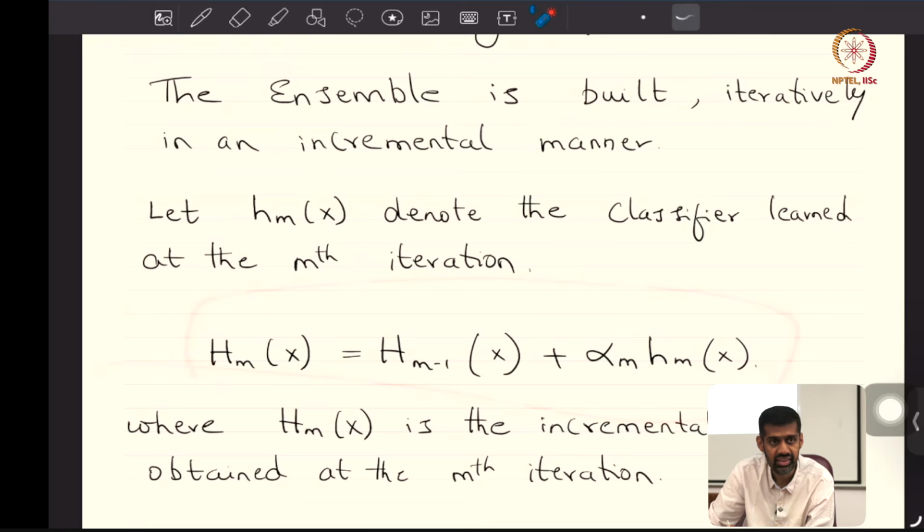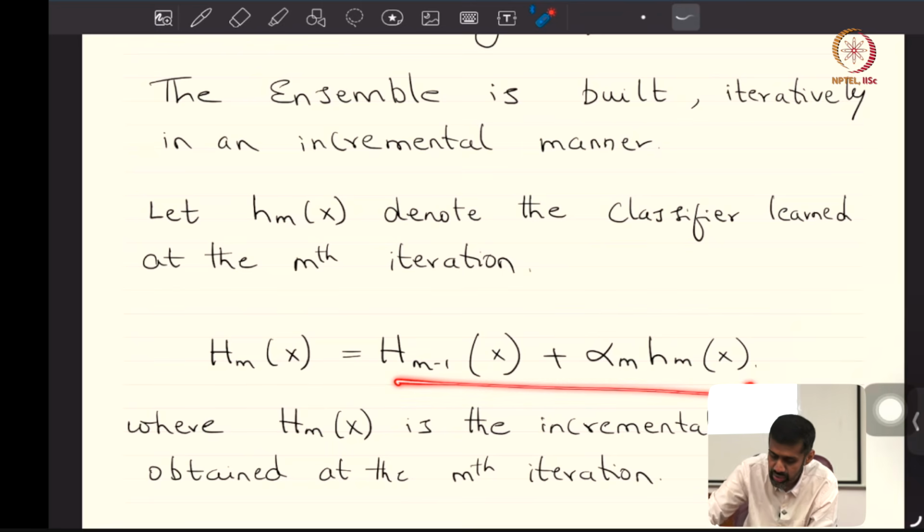Is this all right? Here also we are taking B classifiers. Same thing, but you look at every data set as an iteration, and you do it iteratively. So, you do not train each of them and then just add them. Here you take the first data set, train a hypothesis, add it to the previously existing ensemble, and take the next one and add it to it and so on. That is what this equation is saying.